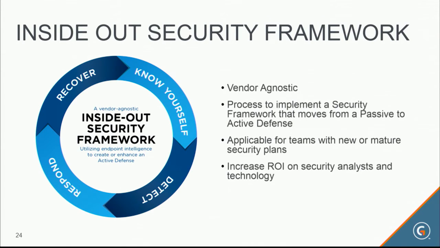I alluded to this earlier, back to my circle round my estate, inside out framework. It's about stopping looking at your endpoints as a bit of a pain. It's where the users are, it's where the data is, but I've got 40,000 of the things to manage. It's a challenge. But if you start thinking about how you can use those endpoints, at one of these functions there was a threat intel guy speaking, whose name escapes me, from RBS, and he said something really quite profound.